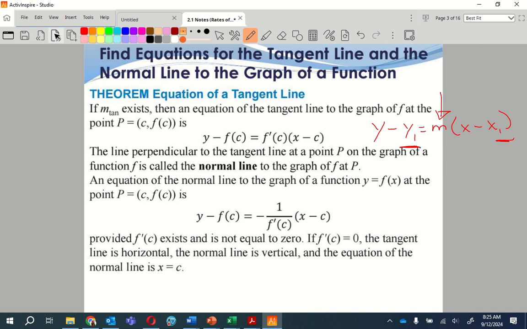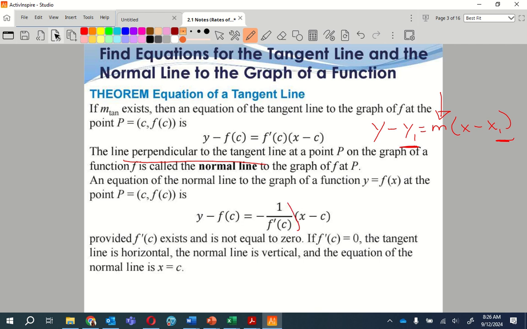And the normal. The definition of normal is that it is perpendicular to the tangent. Normal is perpendicular to the tangent. So if it's perpendicular, that means my slope is going to be opposite and reciprocal. So change signs and flip it over.